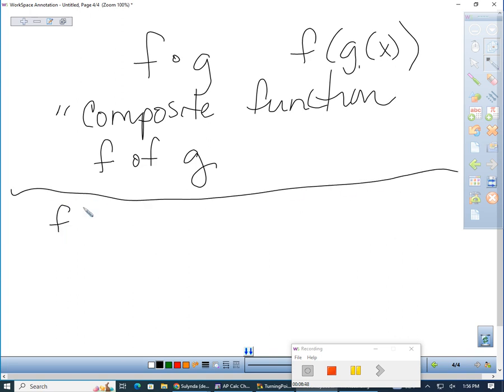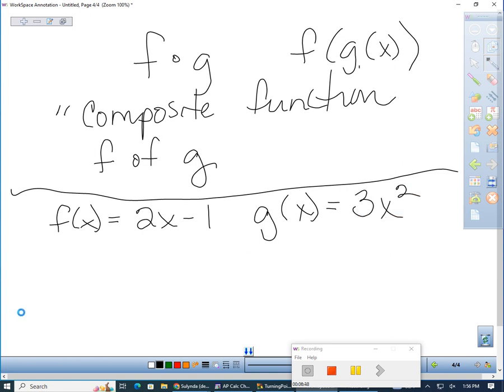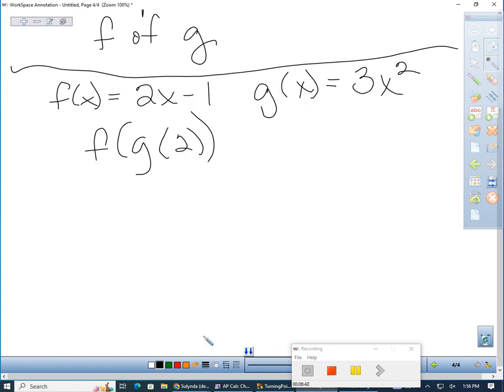If I have f of x equals 2x minus 1 and g of x equals 3x squared, and we have f of g of 2, I start by taking 2 and plugging it into the g equation.